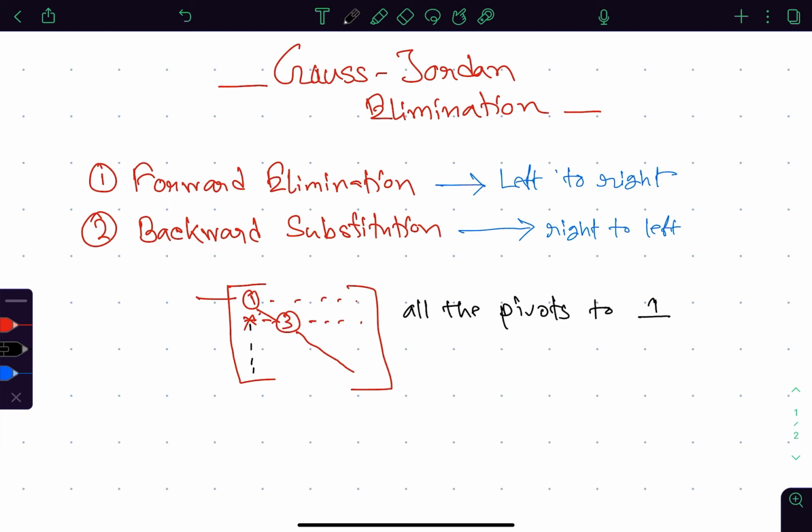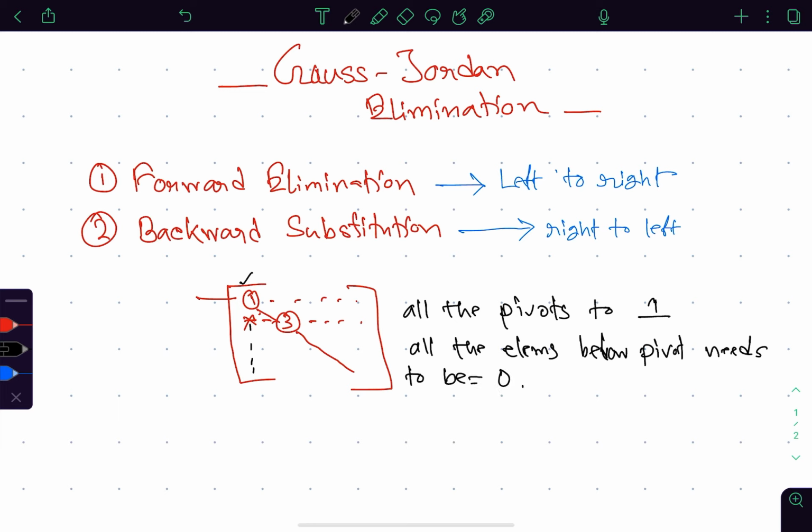So we found the pivot here, right? All the elements below that pivot need to be 0, right?